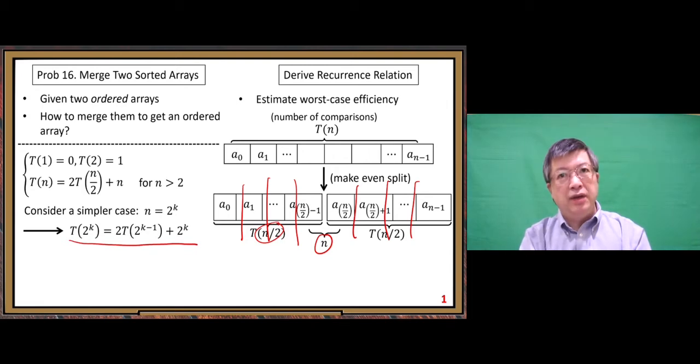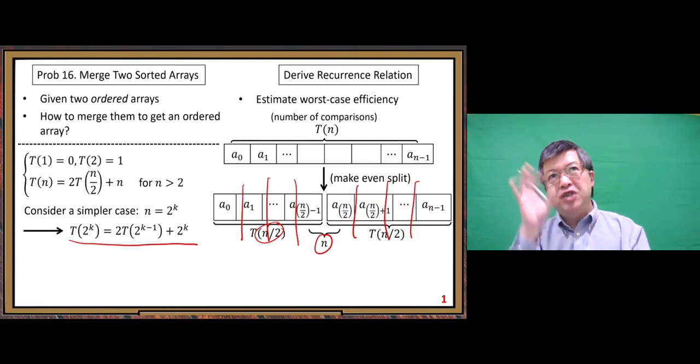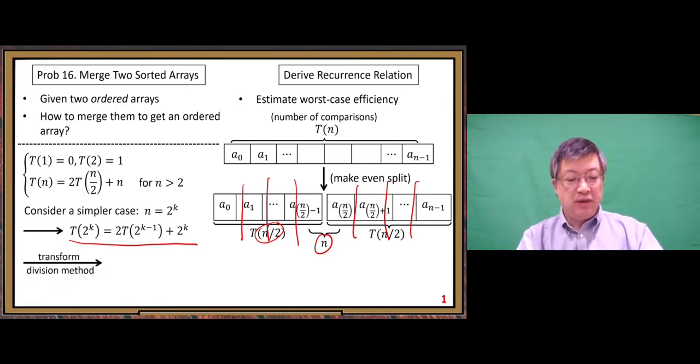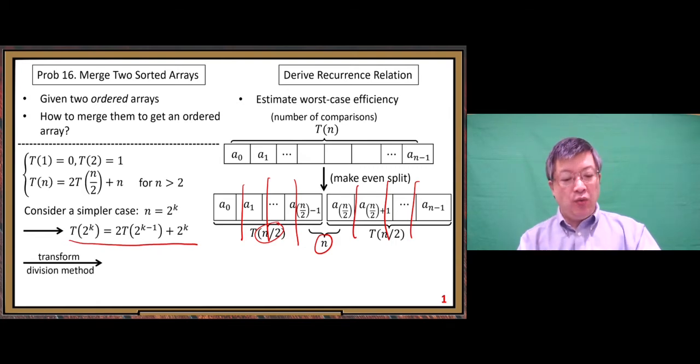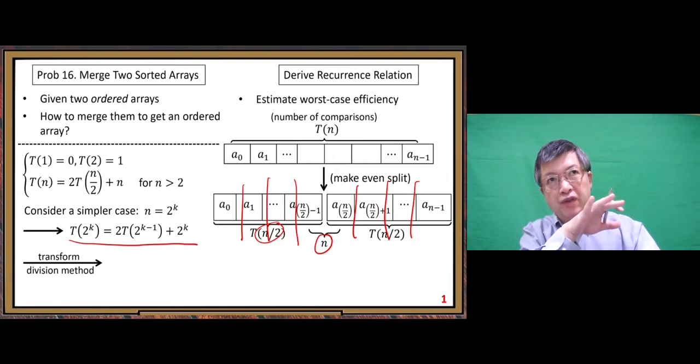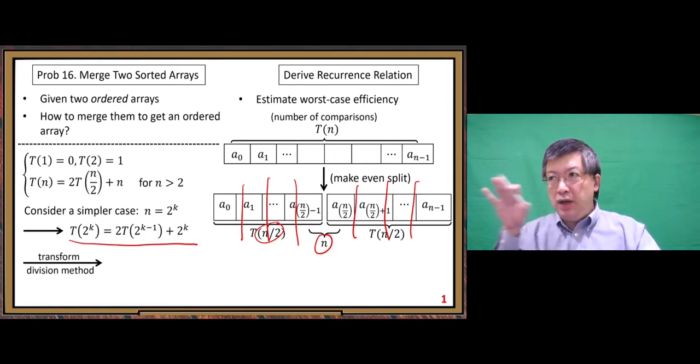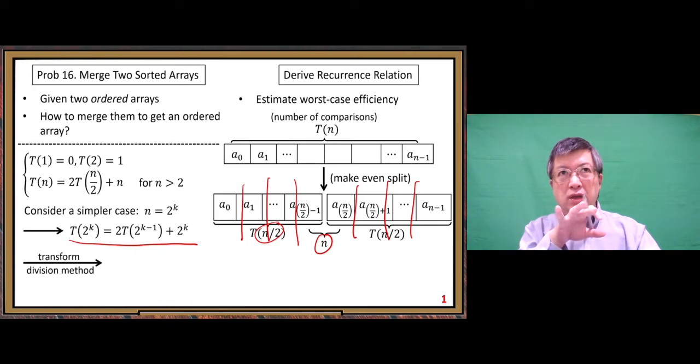So how to do that? You need to do a transform. You need to have some experience. When you see a structure like this, you have some idea how to do the transform. Here, based on my experience, I think we should do the division method. We need to divide both sides of the equation by a special number.